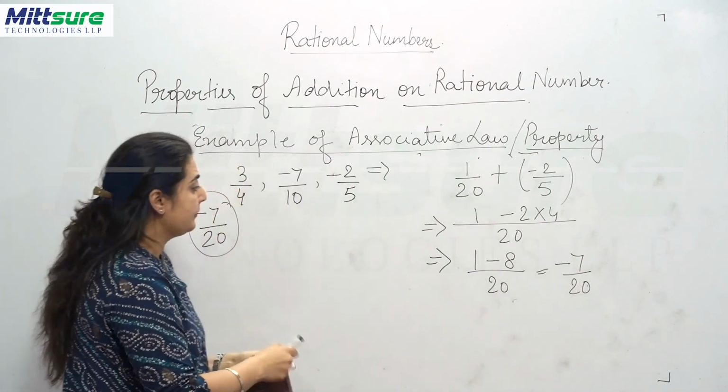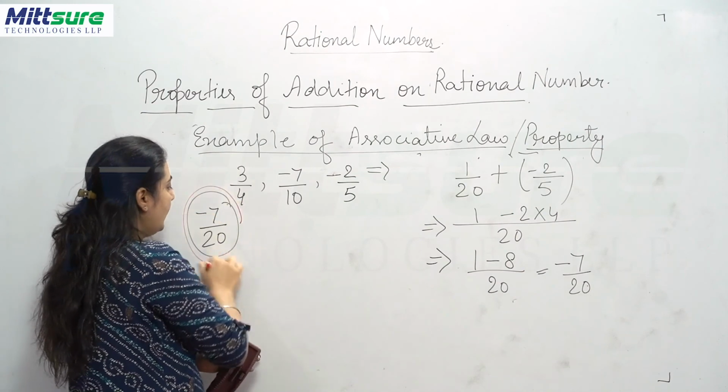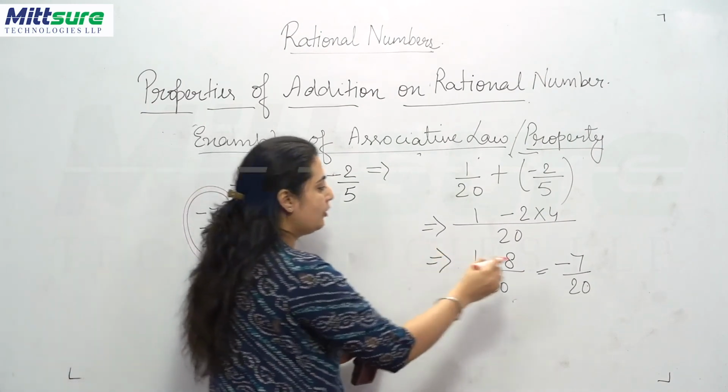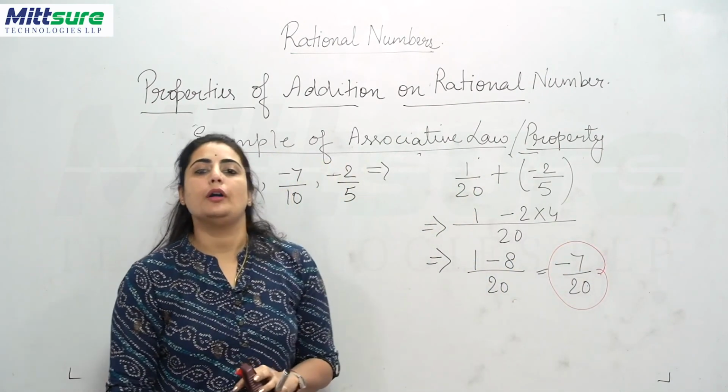So can you see, we have written the sum of the previous arrangement of the numbers, that was minus 7 upon 20, and here also after the other arrangement we have got minus 7 upon 20.